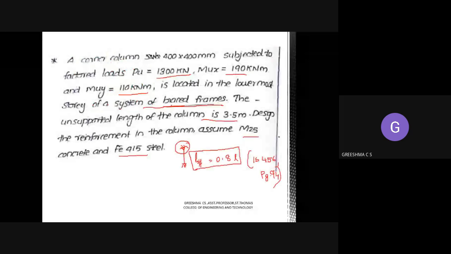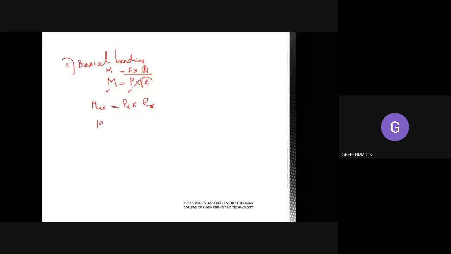So come to the first one. Moment along the x direction is equal to load into eccentricity in x direction. How much is Mux? Mux is equal to 190 kilonewton-meter.